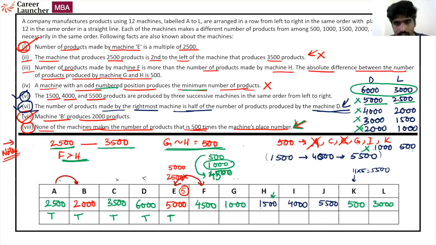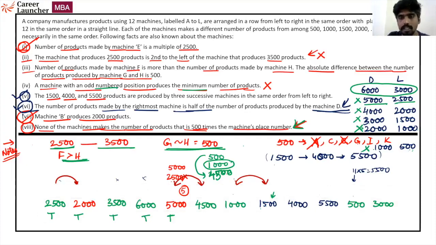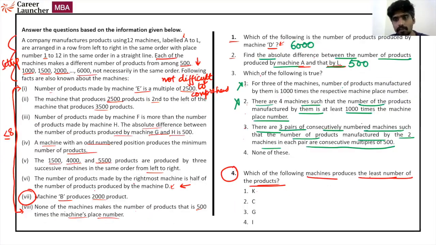That is fine. G and H is another pair. That is fine. Do we have any other pair? Doesn't seem so. There are exactly 3 pairs of consecutively numbered machines such that the products manufactured by them are consecutive multiples of 500 is true. So option 3 should be the correct answer.